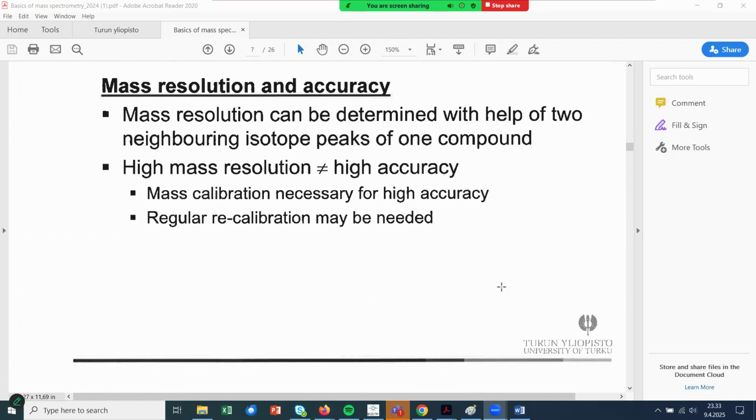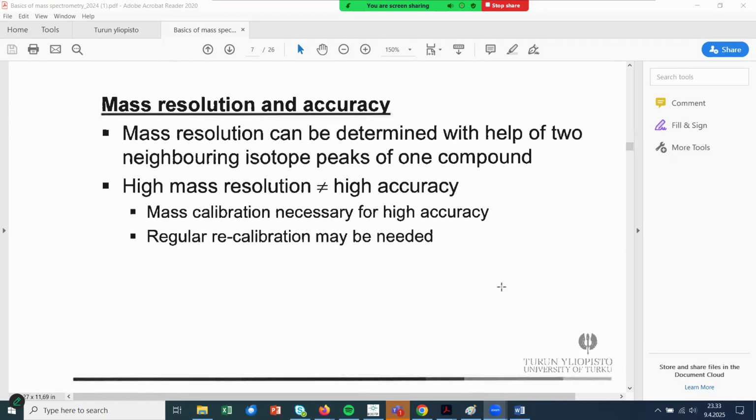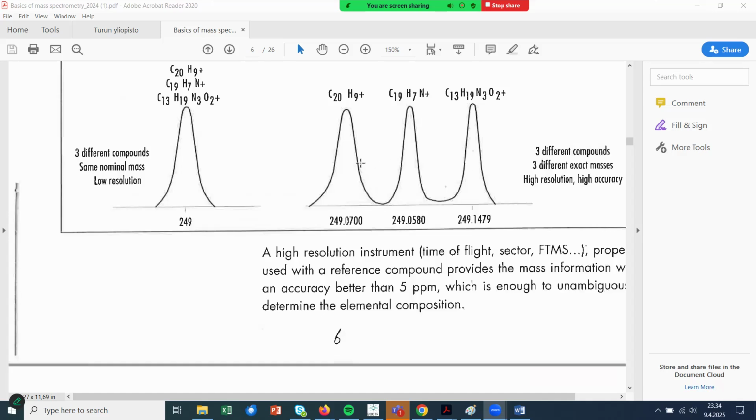The instruments that have high mass resolution also have potential for high accuracy, of course. But mass calibration is necessary for high accuracy, because even if you have good mass resolution, these values could be wrong if we have not calibrated our system. It's the same as with analytical balances: if you are weighing something, of course you need to know that the zero level is zero, so the value you get is correct and precise.